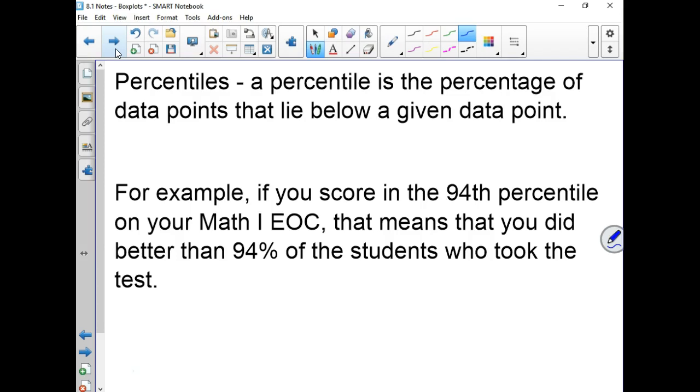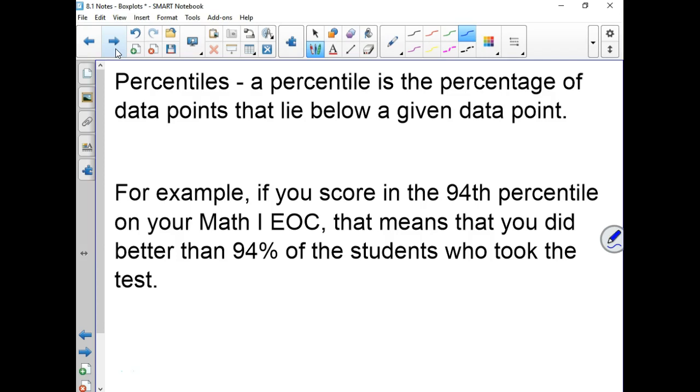It does not mean you got 94% of the questions correct. It just means that you did better than 94%. You might have actually made like an 85, but that may have been better than 94% of students who took the test.